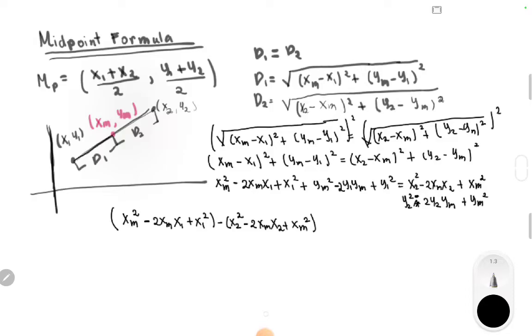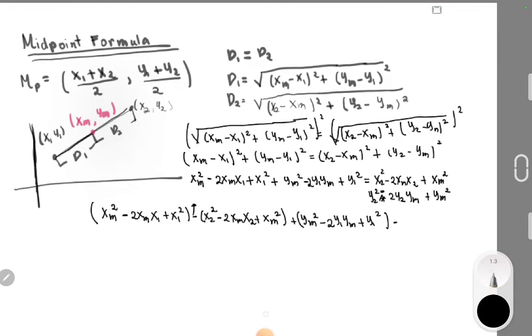Notice that I did not change any sign because I've already put my negative here. Of course, next we have plus ym squared minus 2y1 ym plus y1 squared minus y2 square minus 2y2 ym plus ym square equals 0.